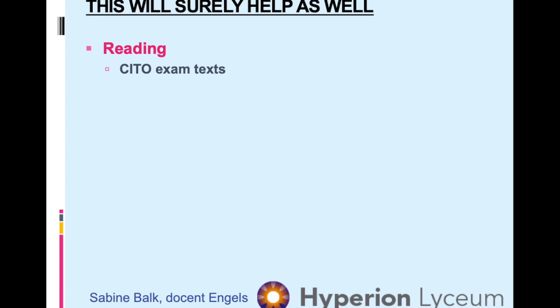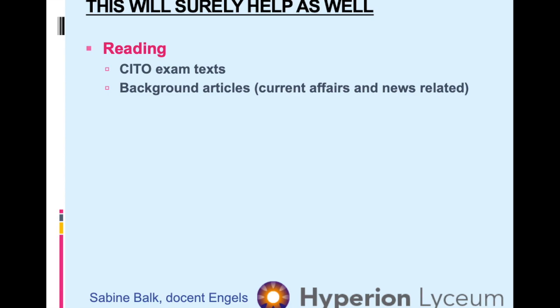For example, CETO exam texts, because they have the same level as the listening and viewing tests. Background articles from the news, current affairs, etc. And yes, literature. Literature is often complex in use of language, and that is always a good thing to practice. Obviously, it will help you if you study some exam vocabulary. So ask your teacher for a good list and start studying.